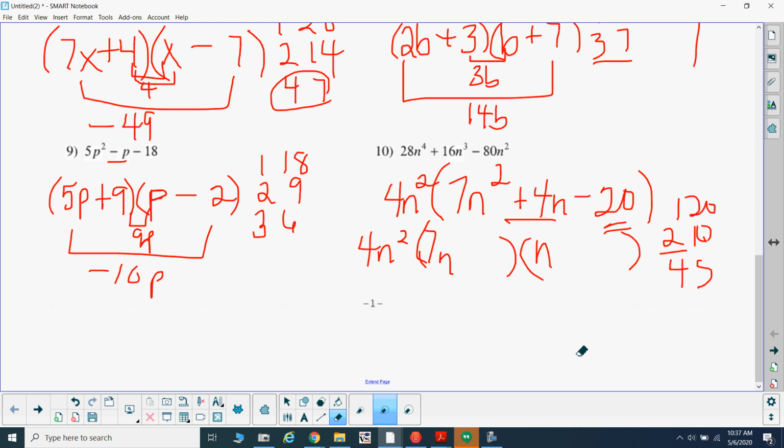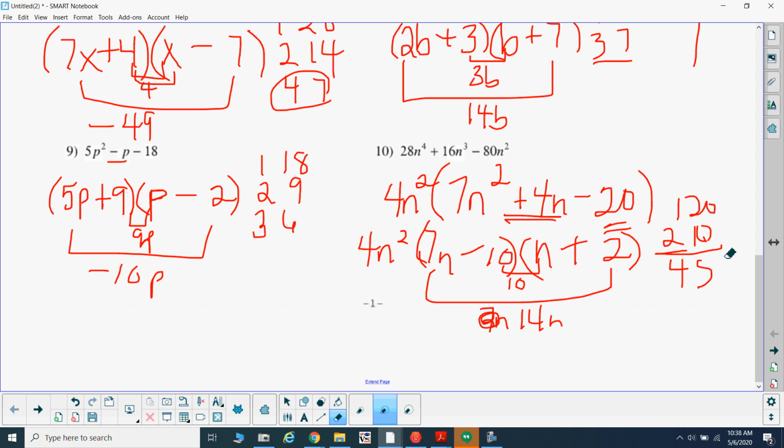I think the ones that are going to work are 2 and 10, because 7 times 2 is 14, and then 10 would be times the 1. Here we have 14n, and here's 10. I want to end up with positive 4, so I want it to be plus and a minus.